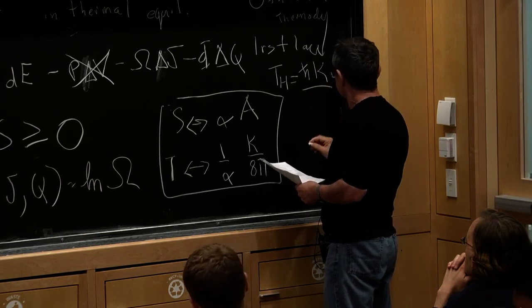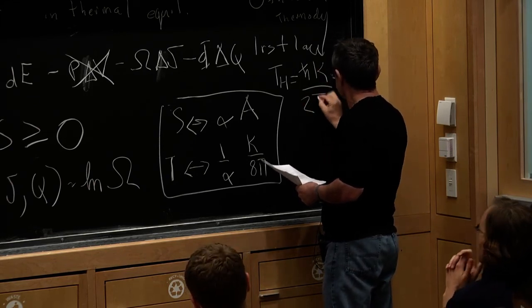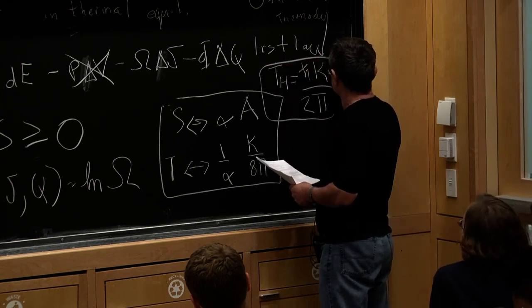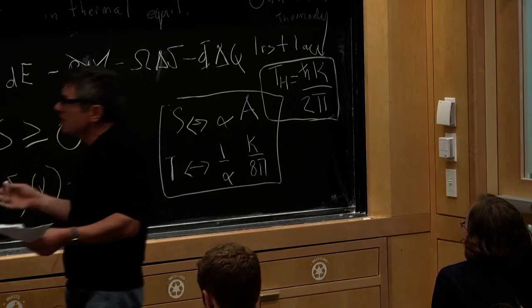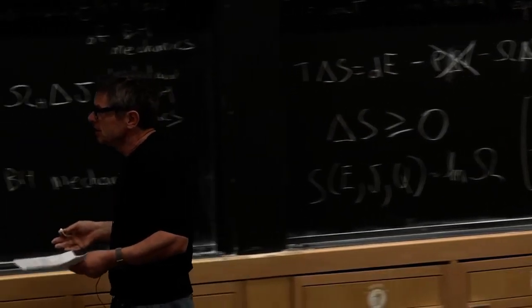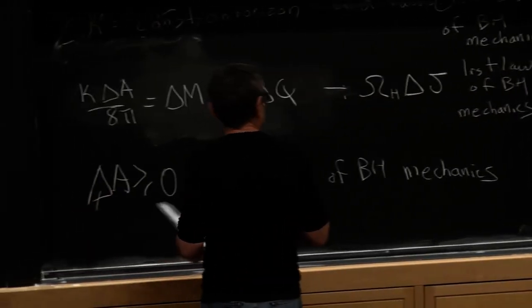H bar, as I mentioned before, is needed just from dimensional analysis, over 2 pi. So this closes the circle. Black holes really are thermal objects. They have a temperature. They radiate.